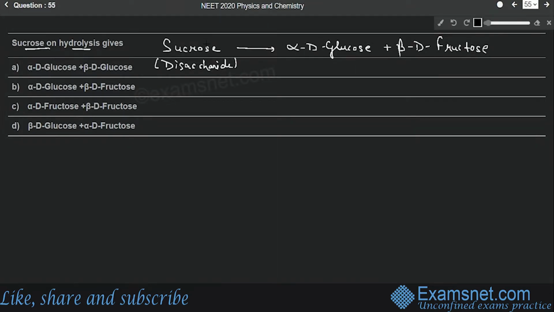First we have alpha D glucose, that is a 6-membered ring. Here we have an oxygen, then hydrogen, hydroxyl, hydroxyl, hydrogen, then hydrogen, hydroxyl, and here we have CH2OH. Then we have a fructose, so it is a 5-membered ring.